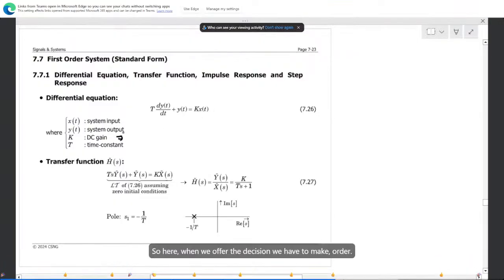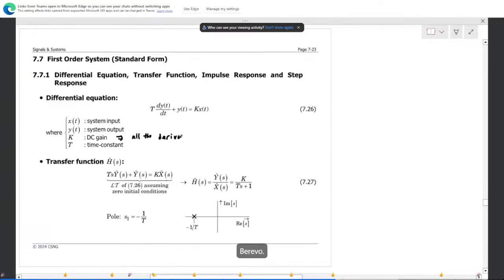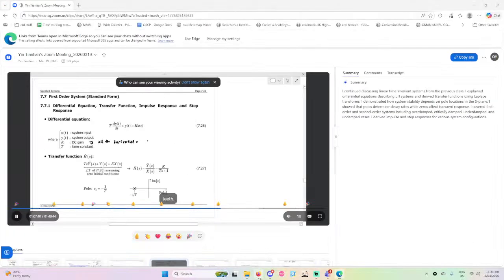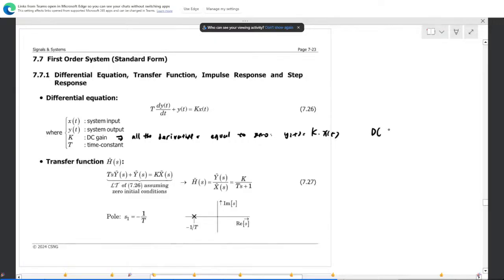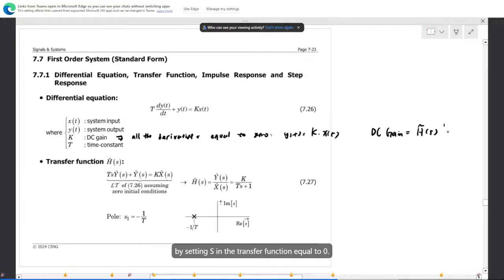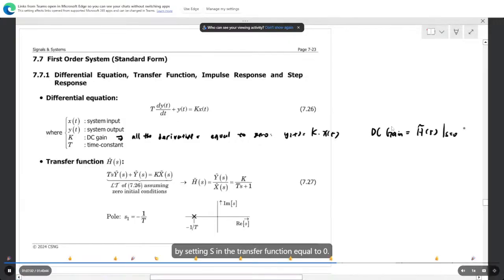When we call K the DC gain, we have to make all the derivatives equal to 0. Then we will have y(t) equal to capital K times x(t), and capital K is called the DC gain. So the DC gain can also be obtained by setting s in the transfer function equal to 0.